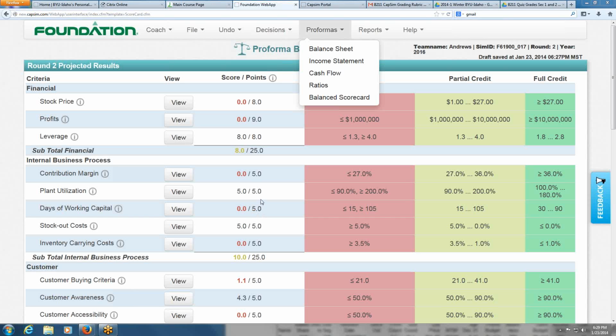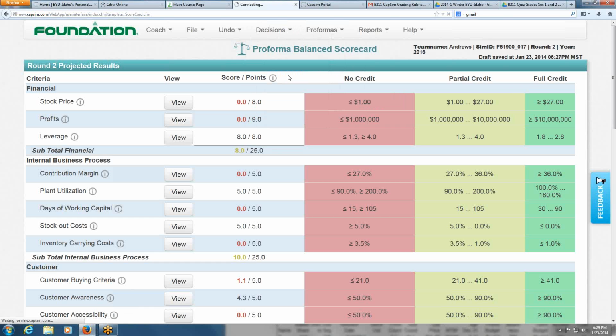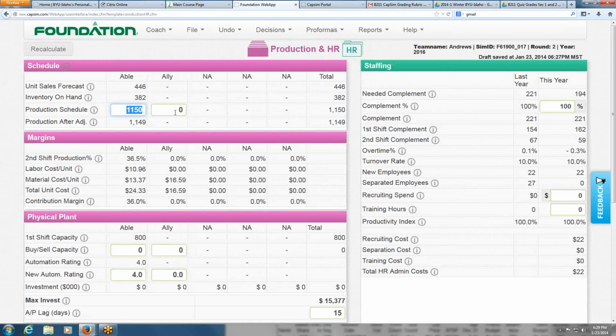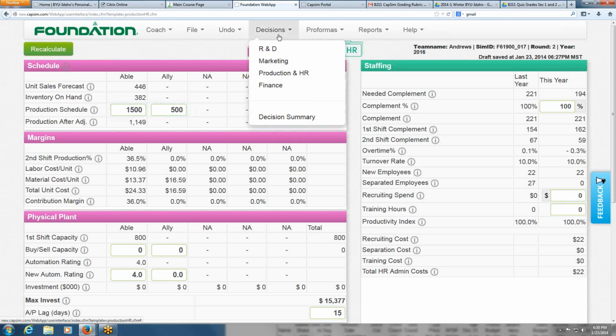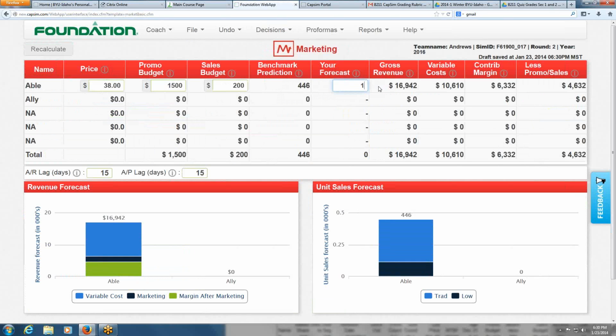Great. Make some decisions, click on update or calculate, I think it is, and then go back to your performance and say, what did that just do? Yes. So if I went down to my production and I did something like, hey, I'm going to make like 1,500, I'm going to make like 500 here, I'm going to go to my marketing, and I'm going to sell that 1,500, I'm going to recalculate.